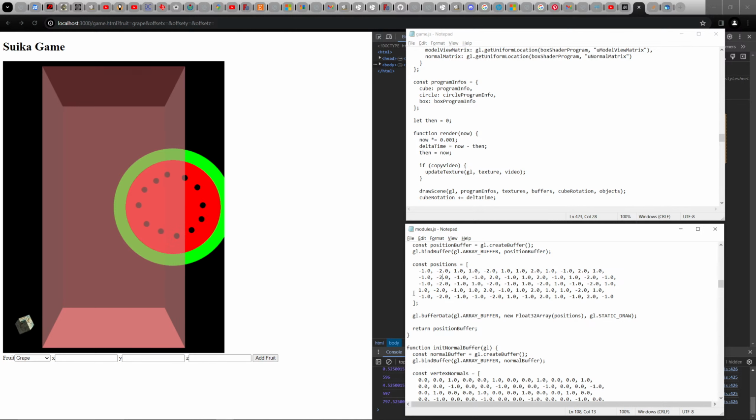So let's see. That's x, y. So that would be the y coordinate.